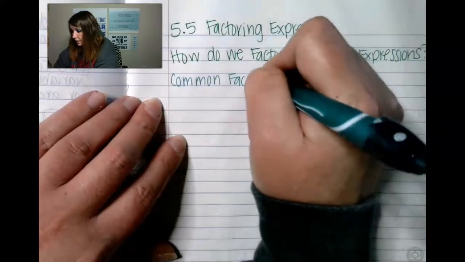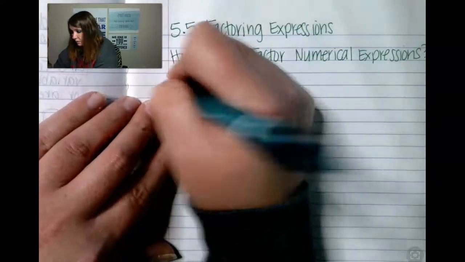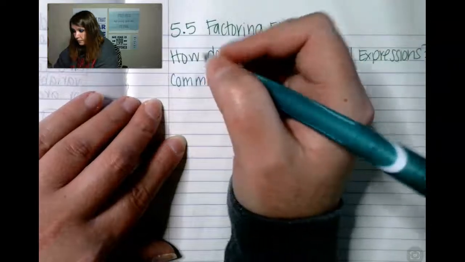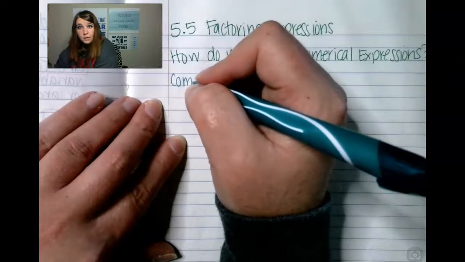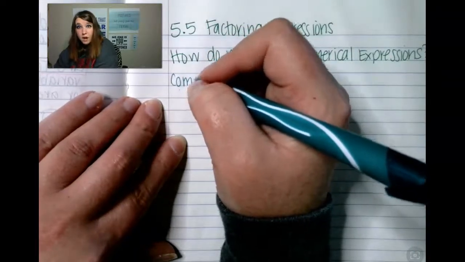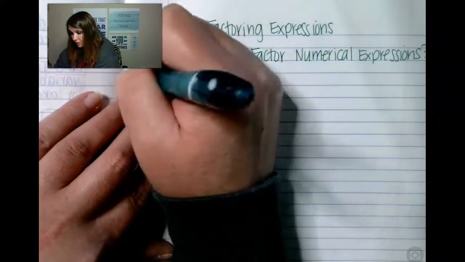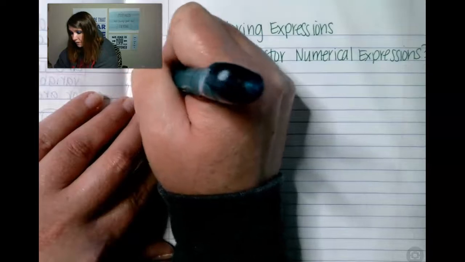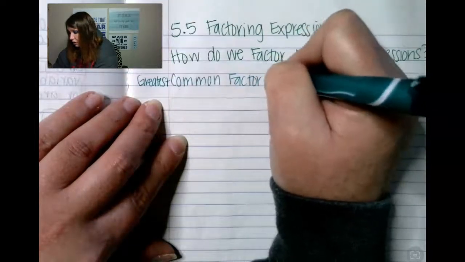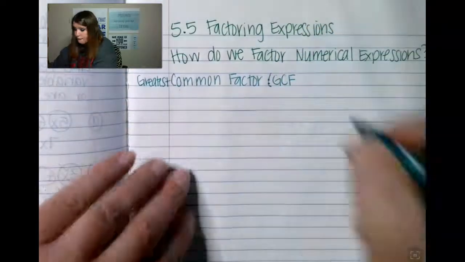So it's a multiplying number that two or three or four numbers would have in common. We use this as the greatest common factor. We call this the GCF.